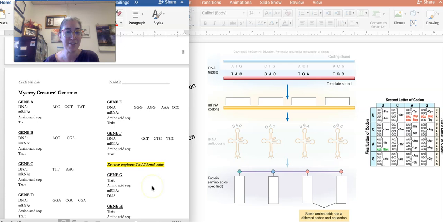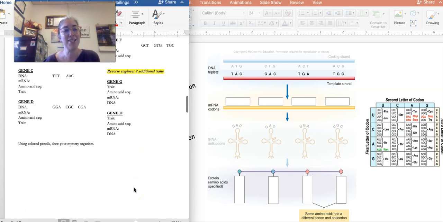Then you go to the codon table and you look up what could be the codons, 2 codons that code for each of those amino acids, and then you do the reverse of transcription, you write out what the complementary DNA sequence would be. So you're doing this process in reverse for 2 additional traits.